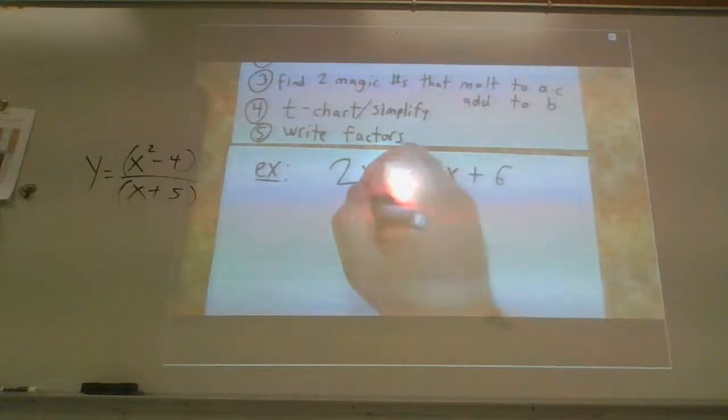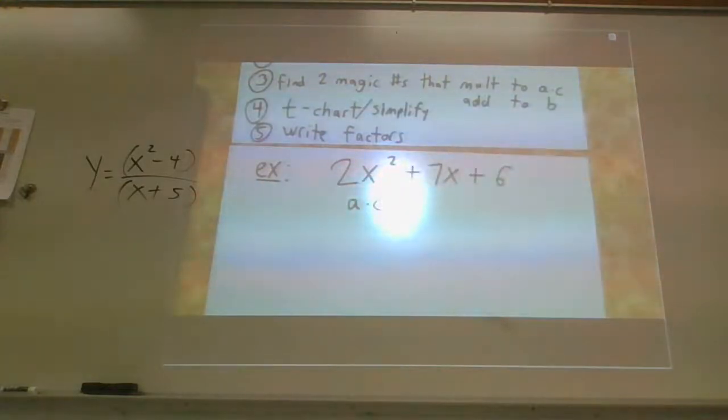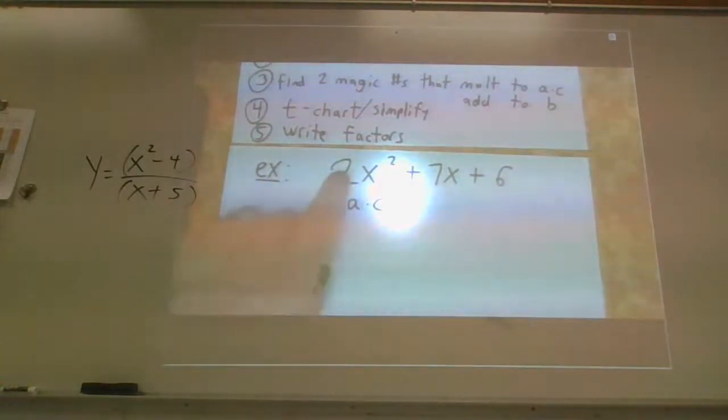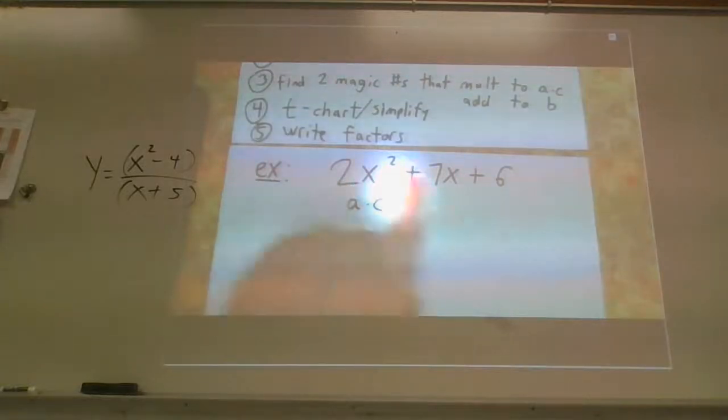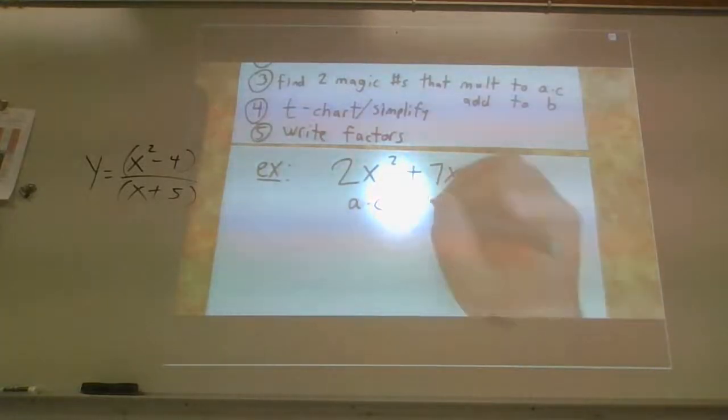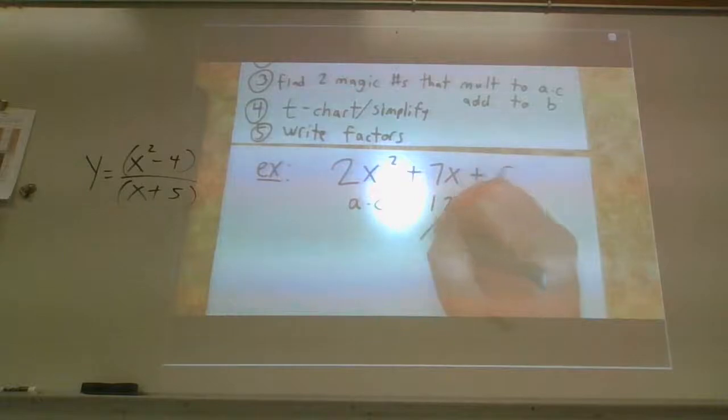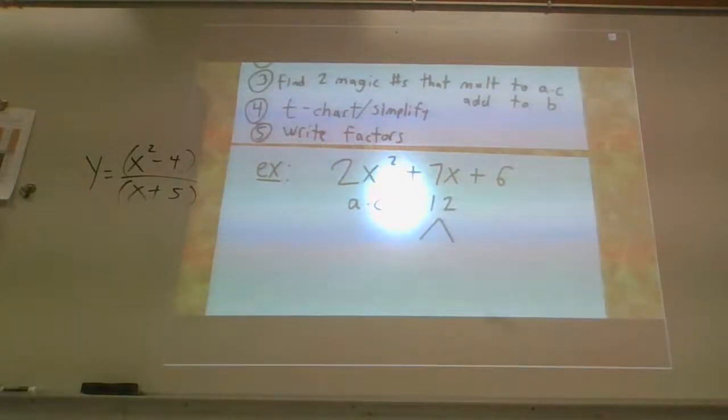Step 2 is to multiply A times C. In this case, it's a 2 and it's a 6, and I get 12. Then step 3, find 2 magic numbers. Now this again is the most important step.